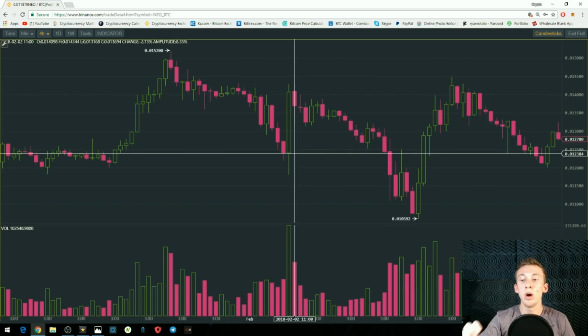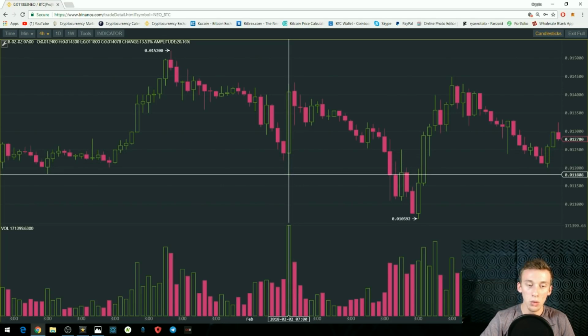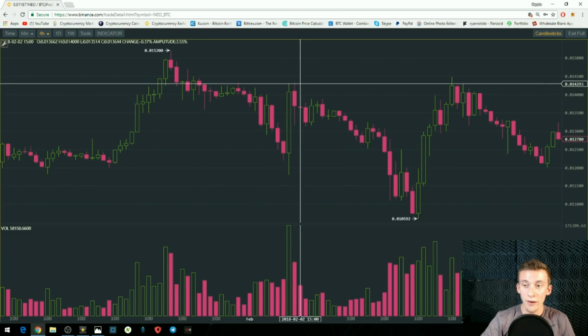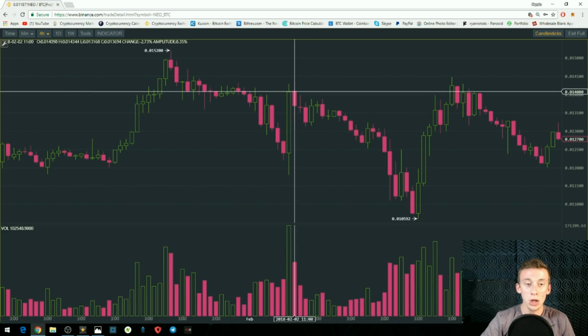It opened at 12,384 Satoshis, and in that 4 hour time period, it hit a low of 11,797 Satoshis and a high of 14,293 Satoshis. It closed at 14,080 Satoshis. So at the end of that 4 hour period, this candlestick ends and it moves on to a new candlestick.